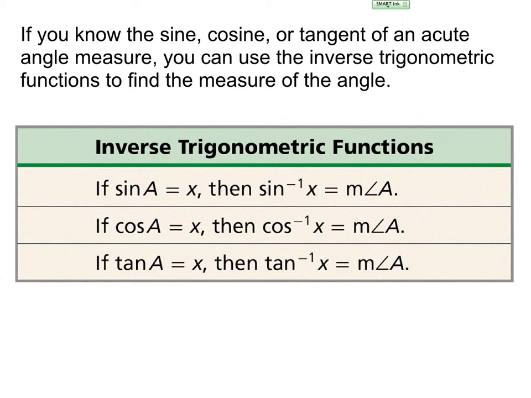I know there's a lot of variables up there. We'll put some numbers in a little bit. If the cosine of an angle is x, then the cosine inverse of x gives you the measure of the angle. If the tangent of an angle is x, then tangent inverse of x gives you the measure of the angle.